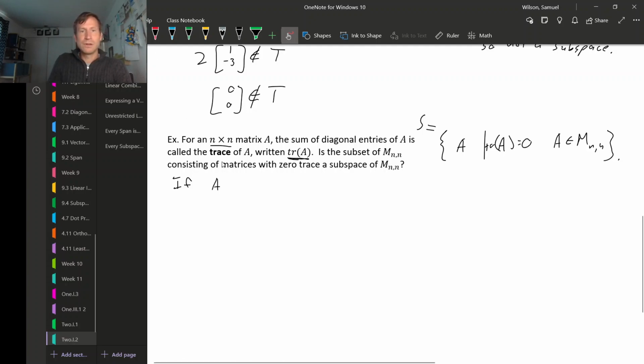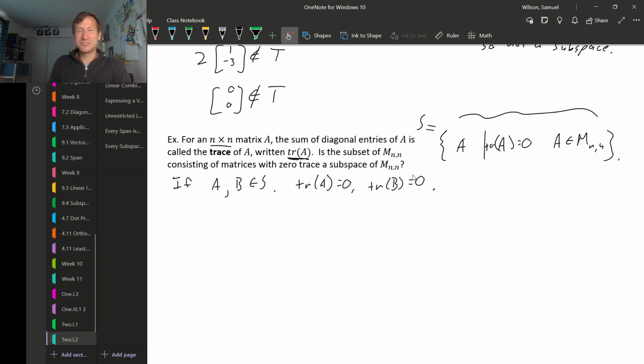So we're going to take two matrices, A and B, in our subset S. Then we know that trace of A is 0, and we know that trace of B is 0, because that's what it means to be in S. Your trace has to be 0. So what is the trace of A plus B?